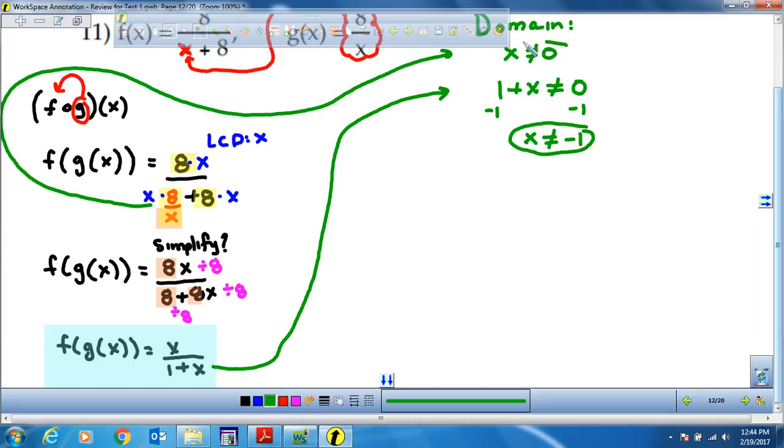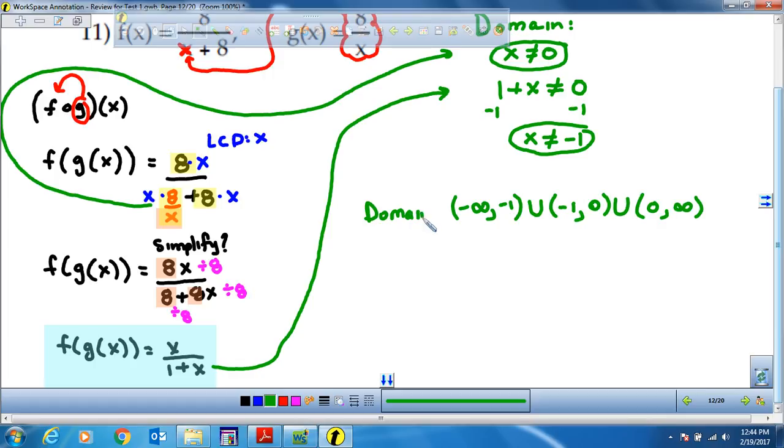These are the only two values that the graph of this function f of g of x is not going to include. So if you want to write it in interval notation, you would say that the domain contains any value from -infinity, comma, and then it stops at -1, or, which means union, and then it continues from -1 and it stops at 0, or, and then it continues after 0, and then it keeps going to positive infinity. This is the domain, of course, in interval notation.